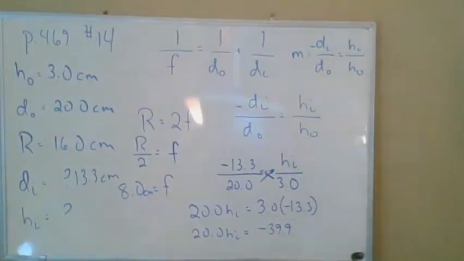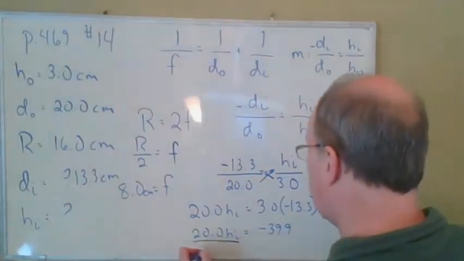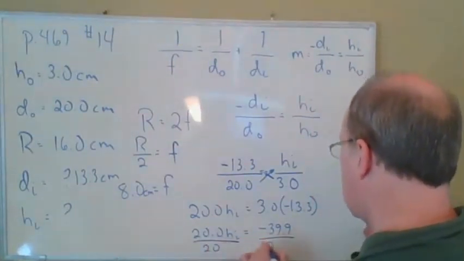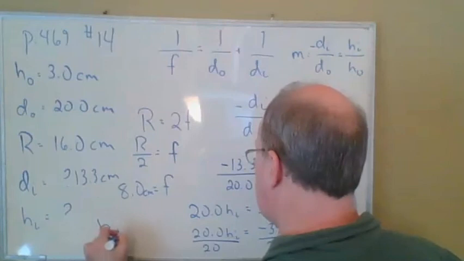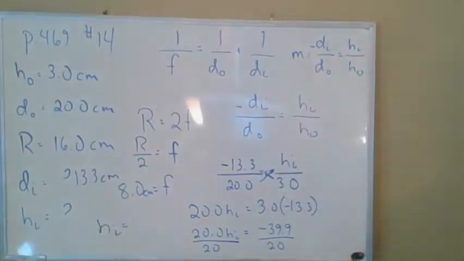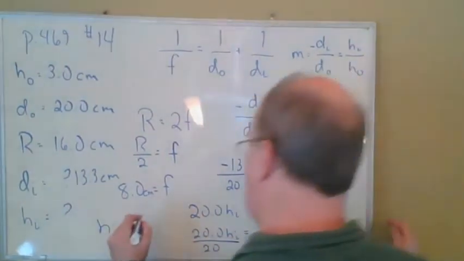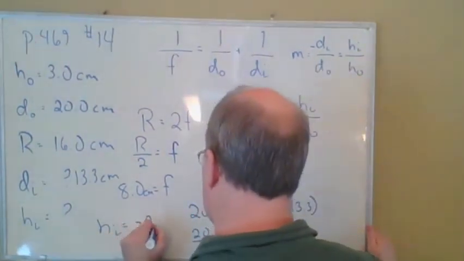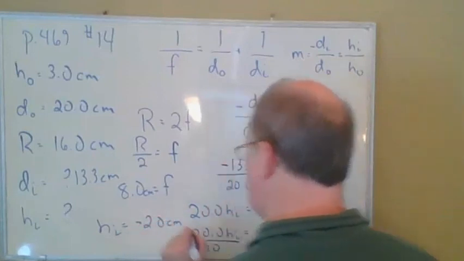Okay, so when I divide both sides by 20, I get hi equals, over 20. If I round it off, I get negative 2 centimeters.